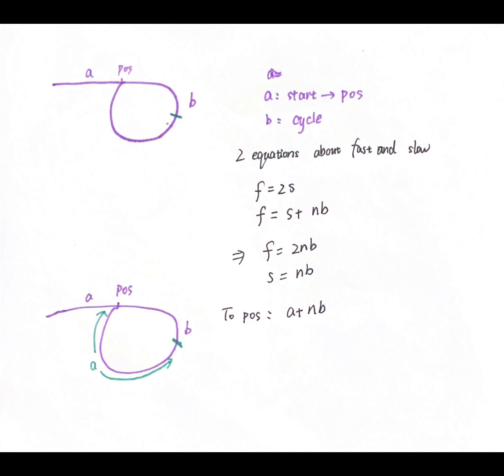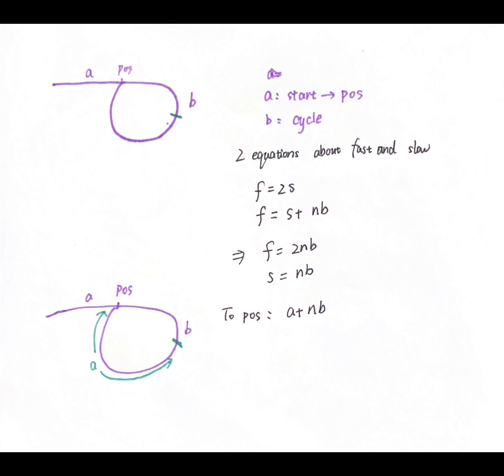So we got two equations about fast and slow. Fast is equal to 2 times slow, which is obvious since when slow moves 1 step, the fast will move 2 steps.